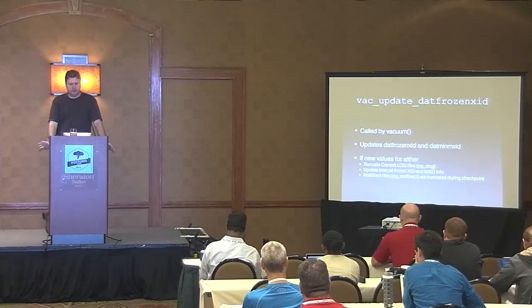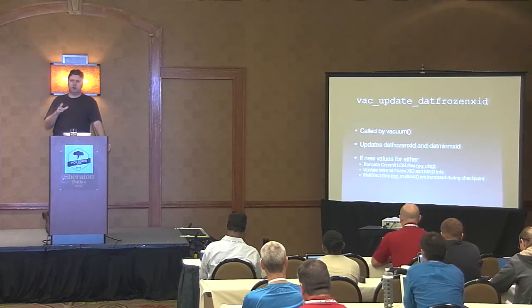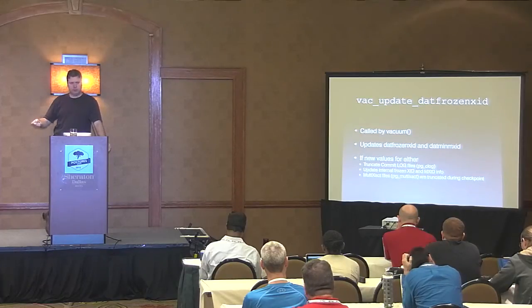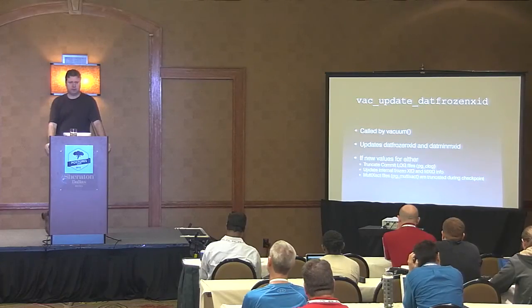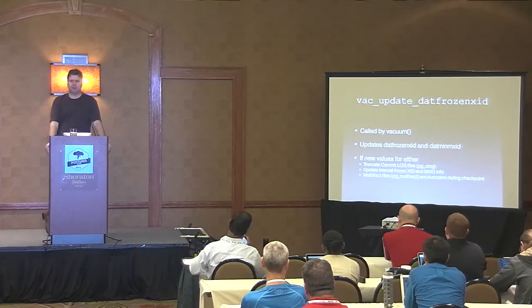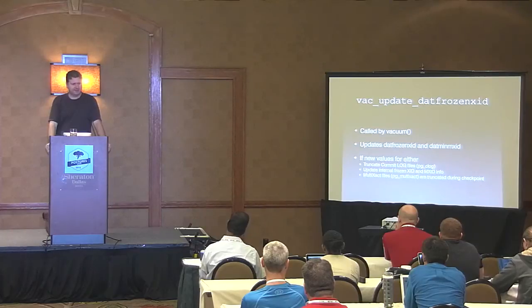And finally, the multixact files are not truncated by vacuum, but the next time a checkpoint runs, that's when those get truncated. And I think we may be changing that in 9.5 or 9.6. But that's the end of the actual vacuum process.